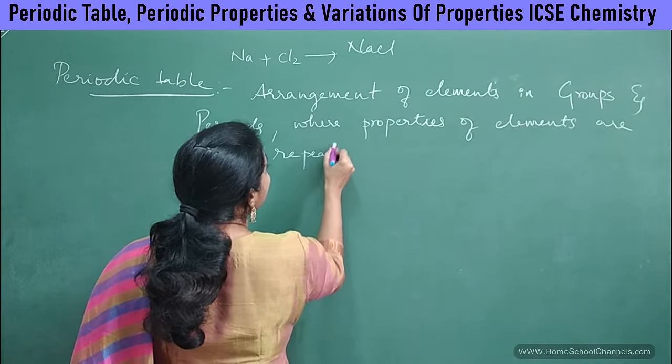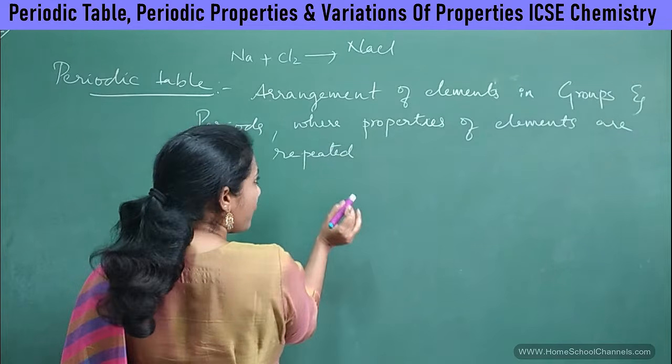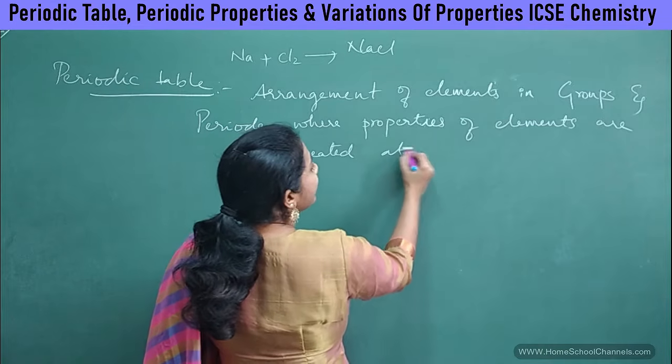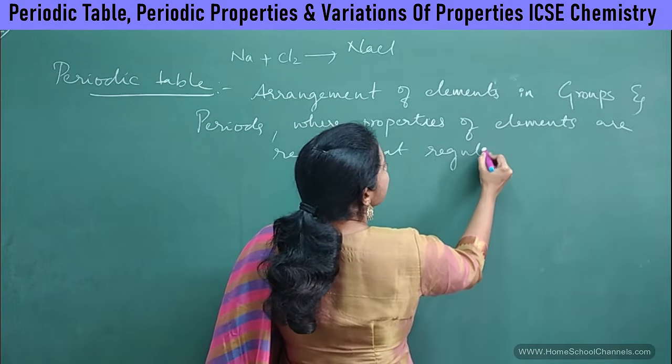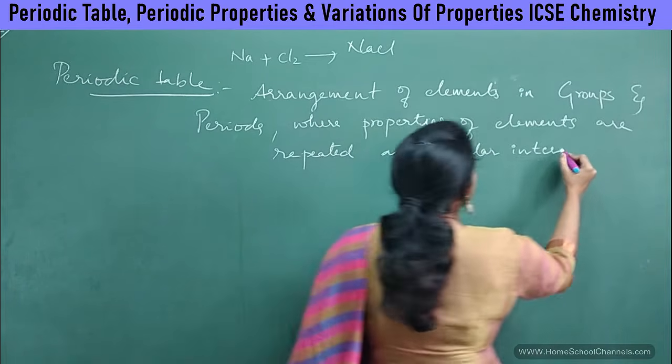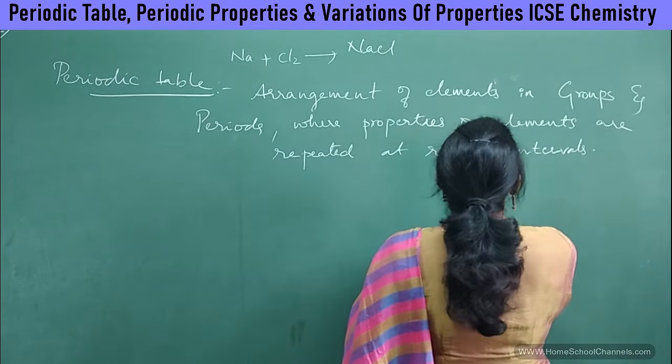Okay, this is really a very, very important sentence to understand. So properties are repeated at regular intervals, right? So this is what I can give as a definition of periodic table.